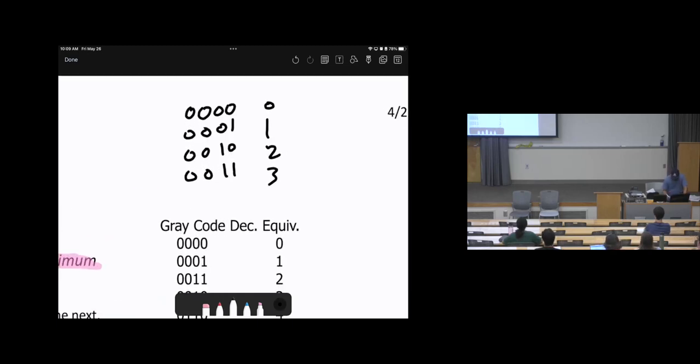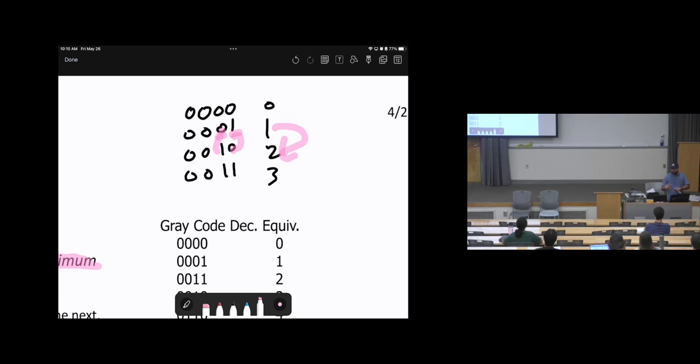Now in gray code, when we transition from 1 to 2, what will happen? There will be 2 changes happening in zeros and ones. You see here, this bit will be flipped to 1, this bit will be flipped to 0. So 2 changes happen. Gray code suggests that, like if I'm too lazy, I don't want to make 2 changes. I want to only make 1 change at once.